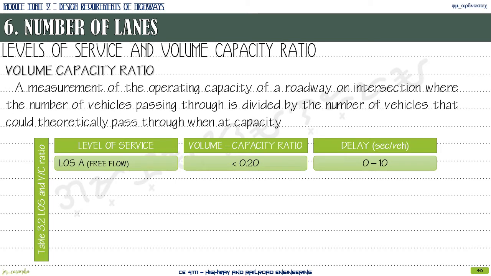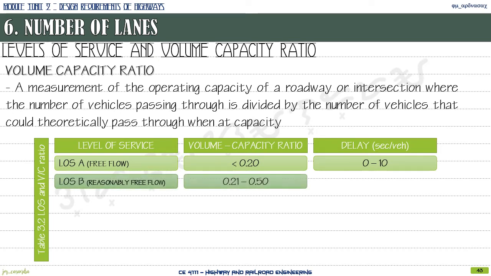For LOS B, we'll have a volume capacity ratio ranging from 0.21 to 0.5. So at maximum for an LOS B, you have 50% of the capacity traversing your road section.